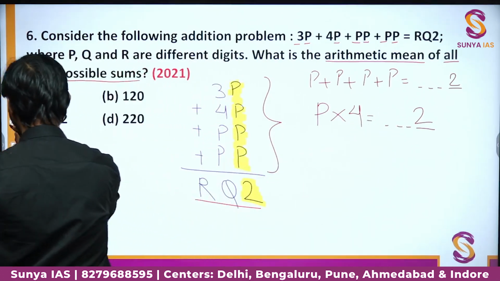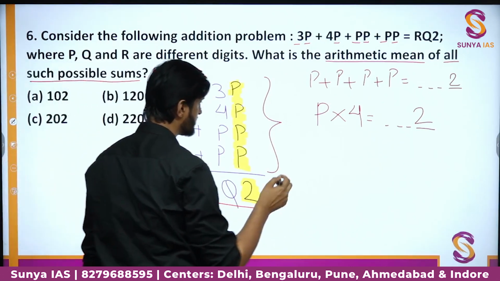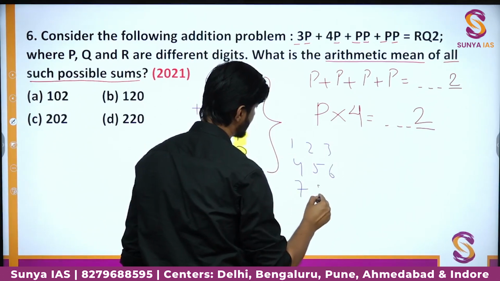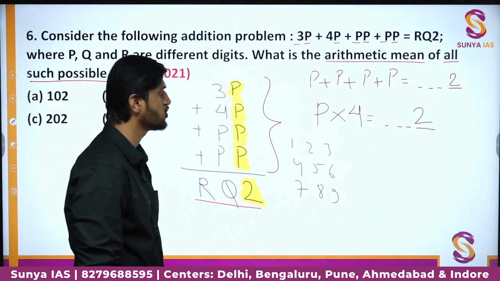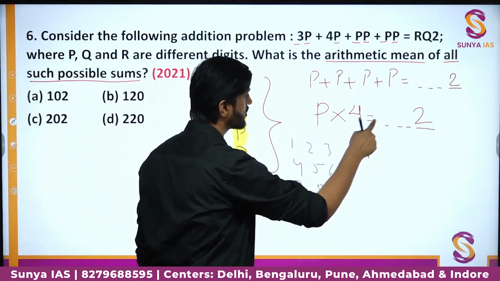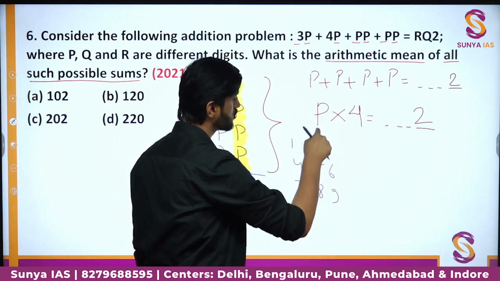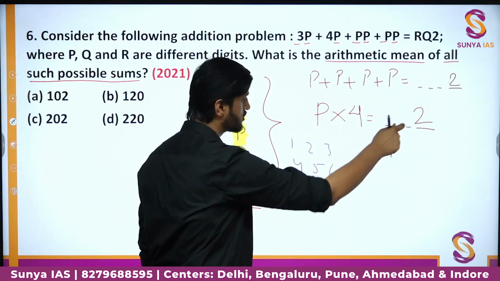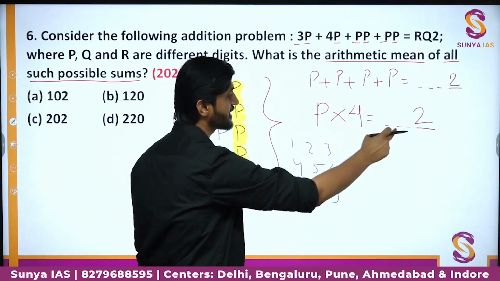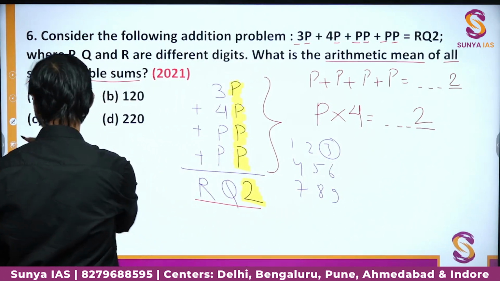We know that digits are simply 1, 2, 3, 4, 5, 6, 7, 8 and 9, so you can check one after another. If we take P as 1, we get 1 into 4, and the last digit is not 2. Similarly if we take P as 2, we have 2 into 4, that is 8, not 2. Then if we take 3, we have 3 into 4, 12, and here the last digit is coming out to be 2. So yes, this is one good option for the value of P.